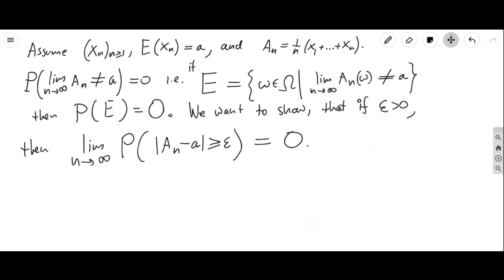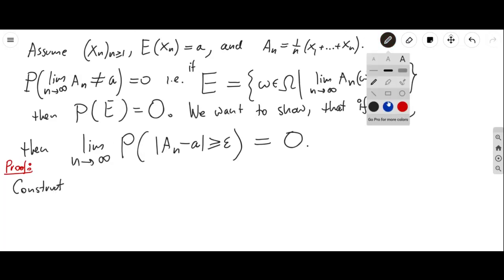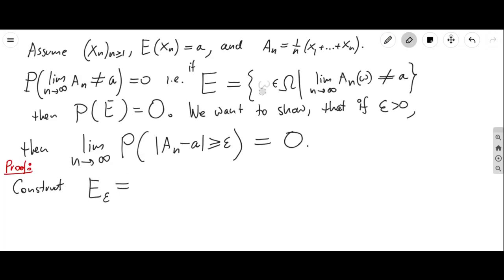So how do we do this? Well, let me define the following event. So here's the proof of this. We're going to construct the following event. Let's call this event E subscript epsilon. And this is going to basically be a subset.